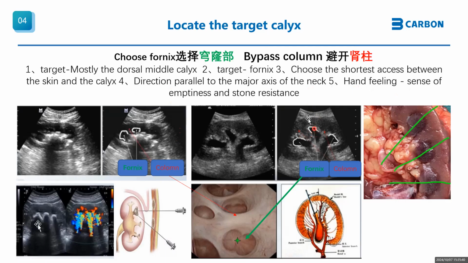Or if there is a stone, like this, the doctor can feel the stone resistance. So these are some puncture related rules.